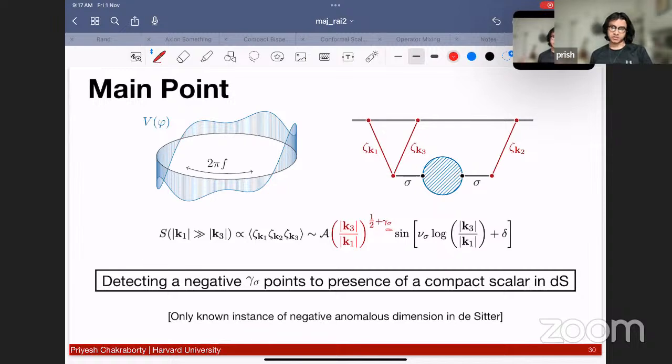And this is my main point. As I advertised, compact scalars, if you take their gauge symmetry seriously, can produce qualitatively different effects in de Sitter.